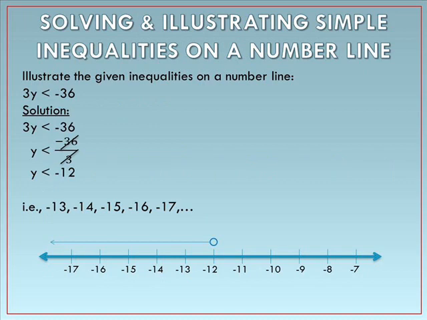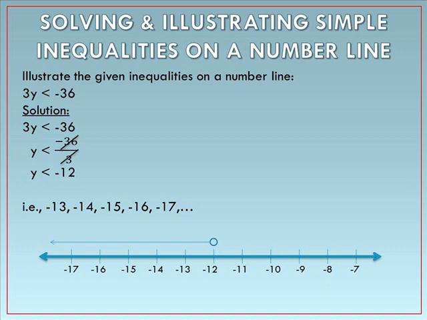After having solved the four basic inequalities, now let us solve those inequalities in which we need to find the value of the variable first, because this time, the variables are given along with the coefficients. In the given inequality, 3y is less than minus 36. We need to get rid of the 3 that is being multiplied to y.